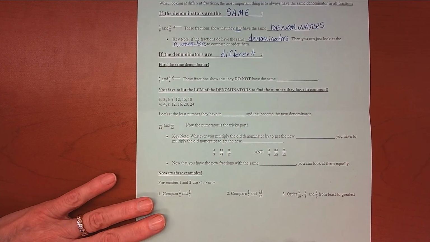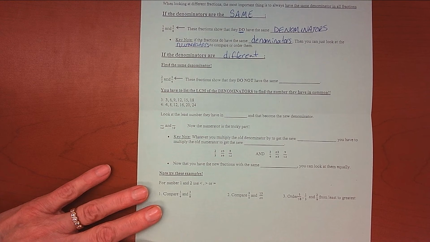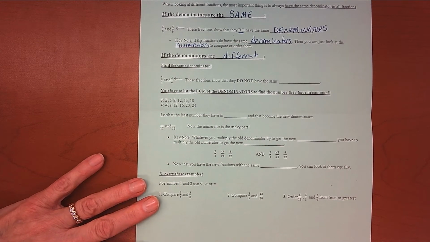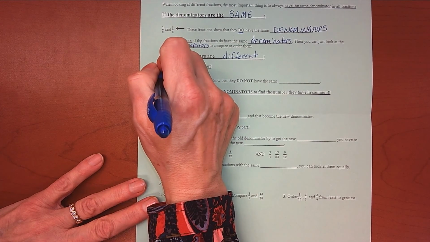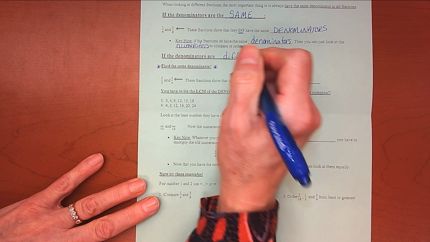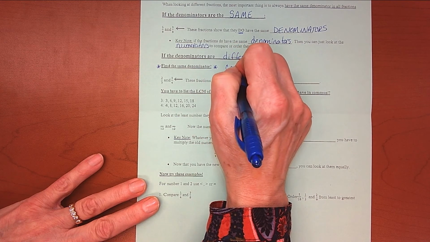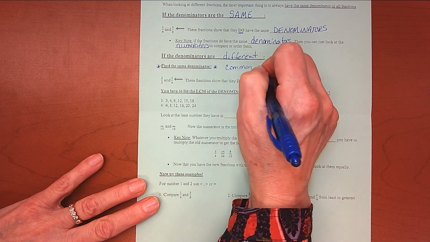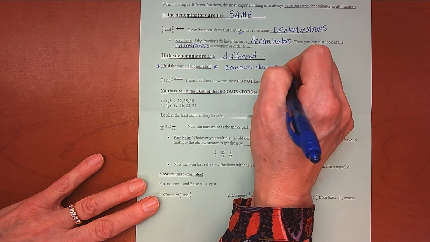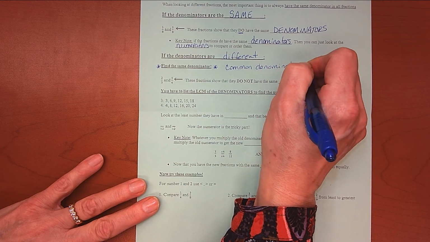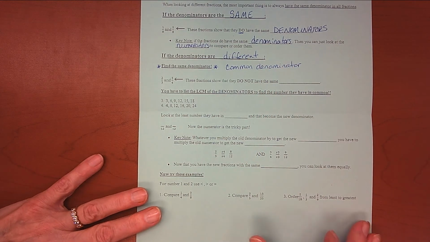So if we have different denominators, then we're going to find a common denominator. If the denominators are different, then we want to find the same denominator. And just a reminder, that's called a common denominator, because it's the same in all the fractions that you're dealing with.